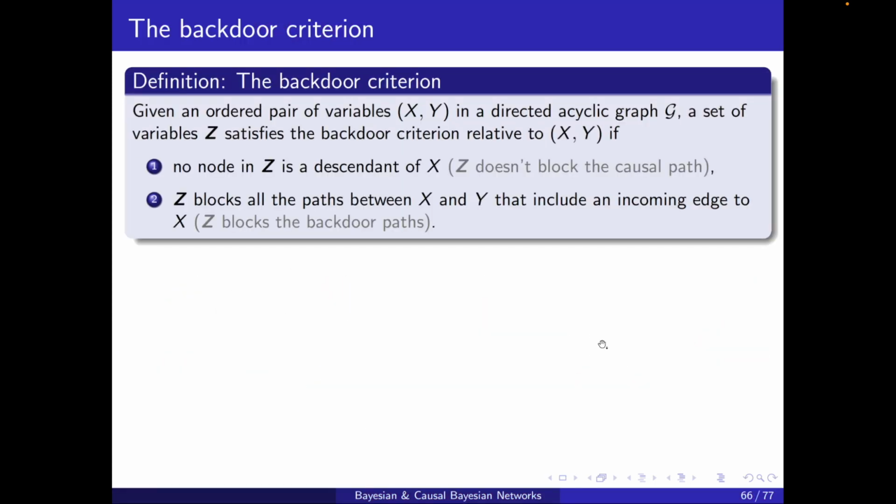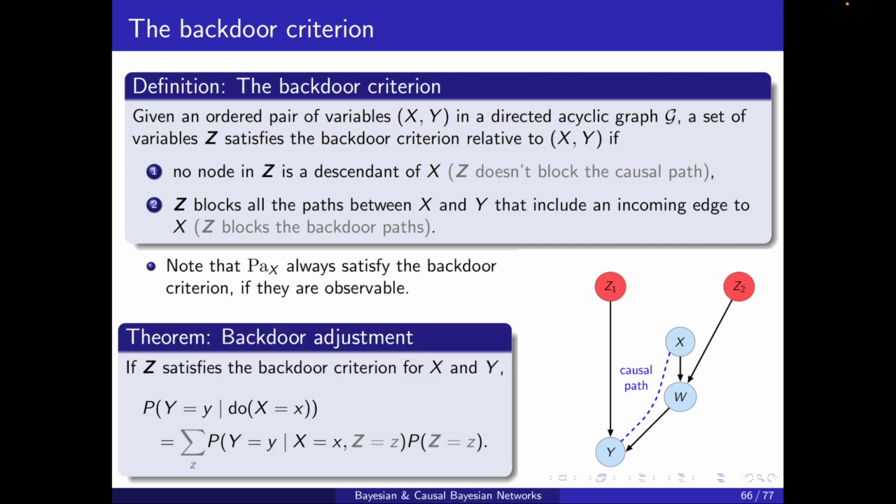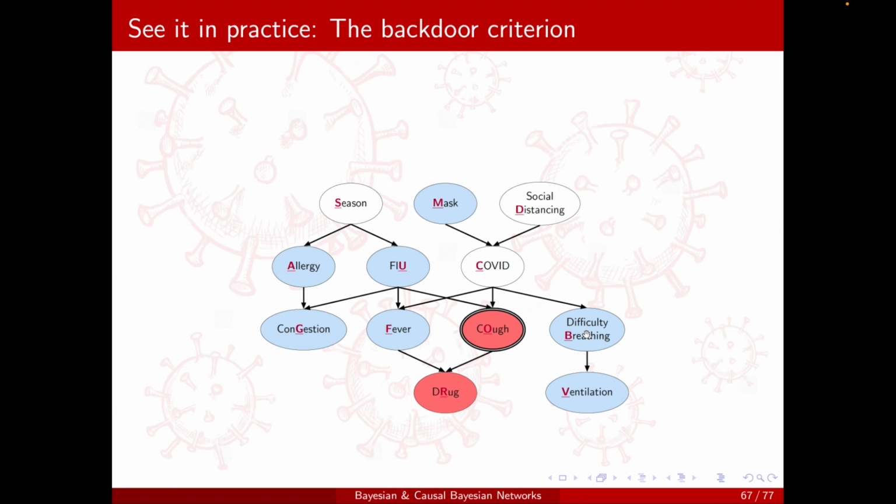I'm putting it in a general form. And just note that parents of x always satisfy the backdoor criterion because they're not a descendant of x, and they also block the path between x and y, but only if they are observable. So that is something we can keep in mind. Now back to the example we just saw.